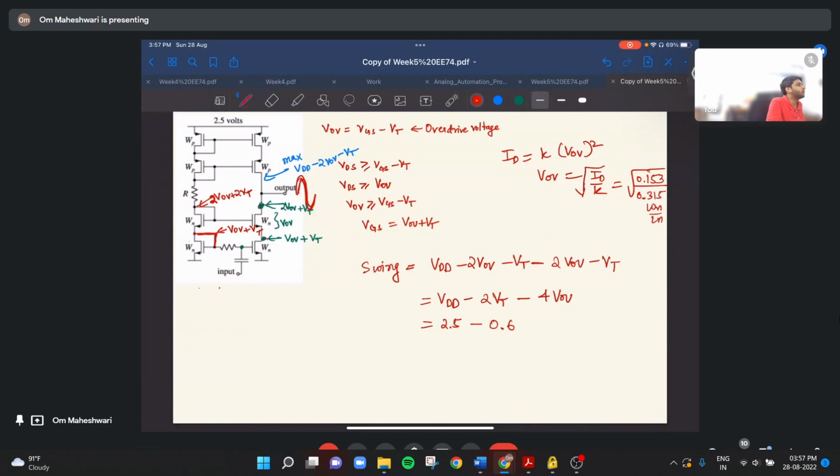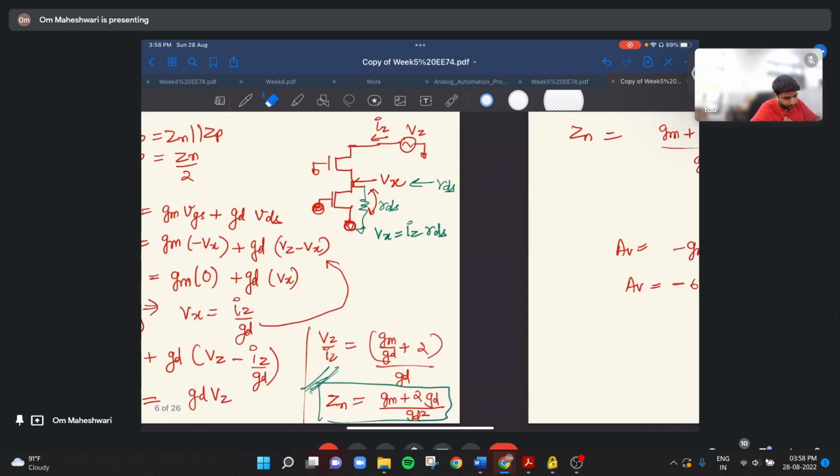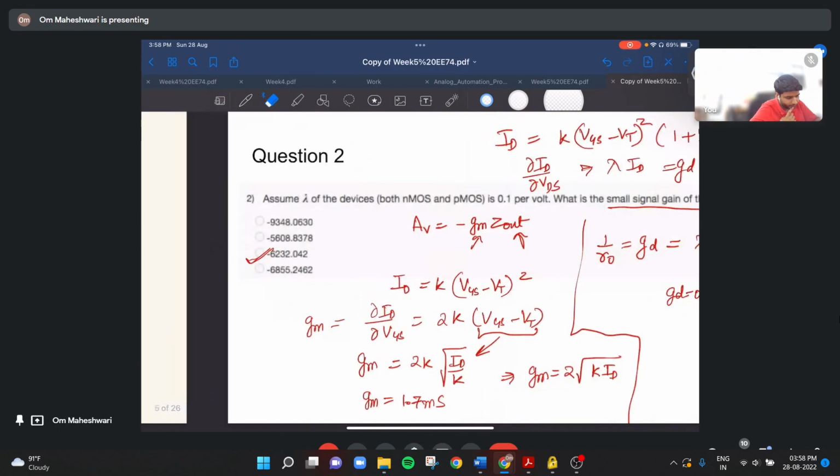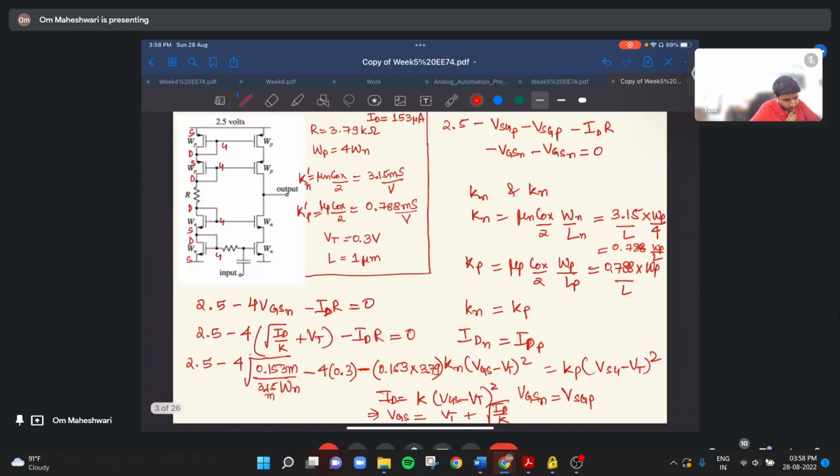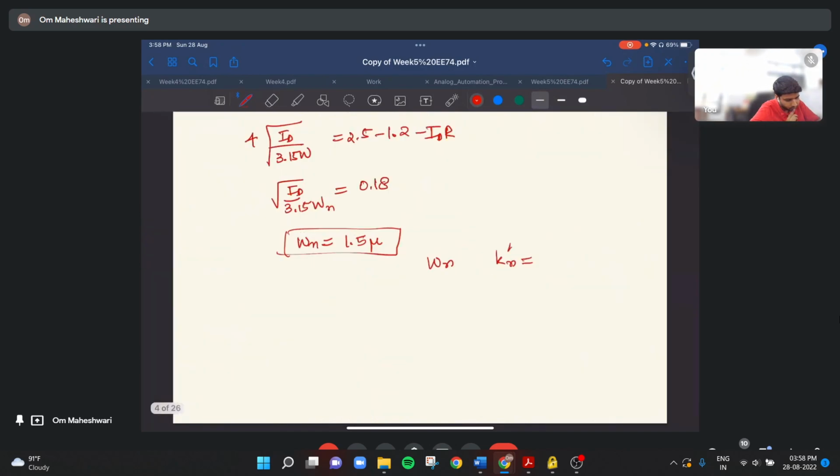They have not given W by L information. Okay, so we can find that. We have already found Wn in this question, and Kn dash was given to be 3.15.